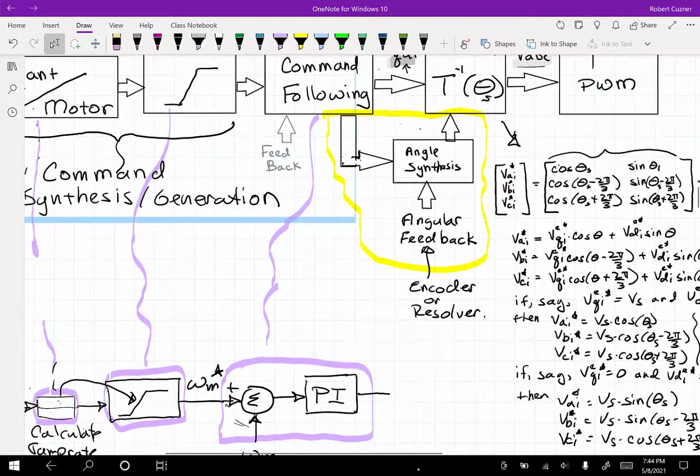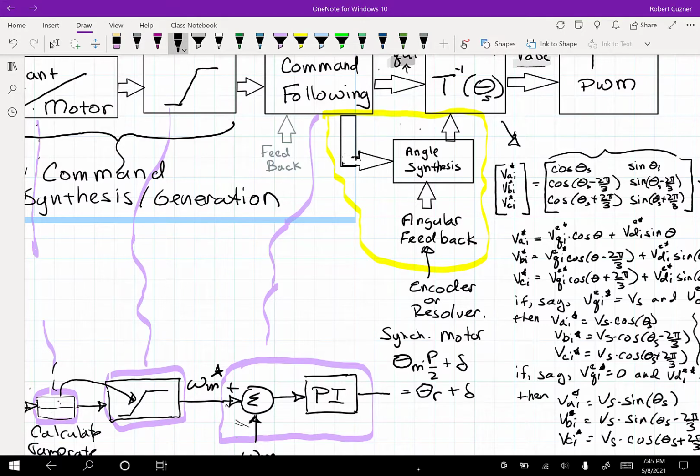And remember, with the synchronous motor, the angle that we would be sensing, say the mechanical angle, times the number of pole pairs plus a torque angle, that becomes theta r plus delta, which is theta s.